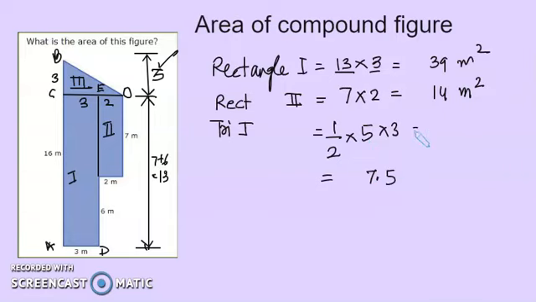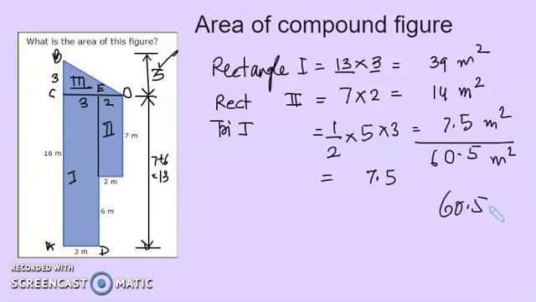So we can write here 7.5 meter square. So area of this compound figure will be the sum of these three, rectangle 1, rectangle 2 and triangle 1. So that is going to give you 60.5 meter square as the area of this compound figure.